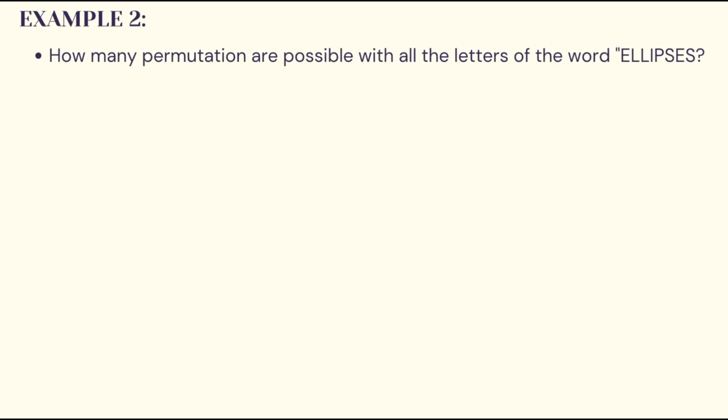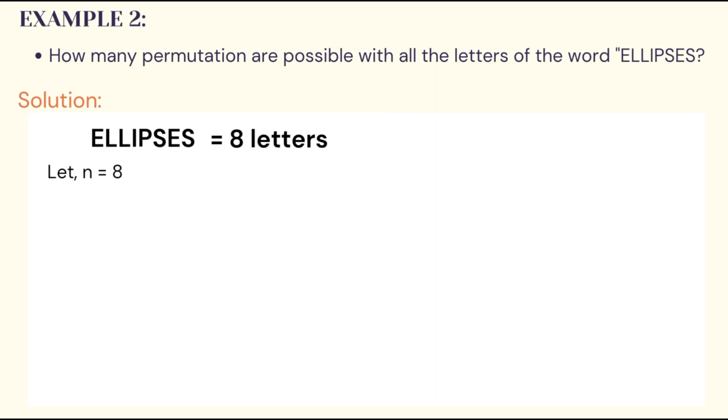Example number 2. How many permutations are possible with all the letters of the word ellipsis? In this problem, the object is the word ellipsis. The word ellipsis has 8 letters. Hence, n will be equal to 8. Get the objects that are alike.